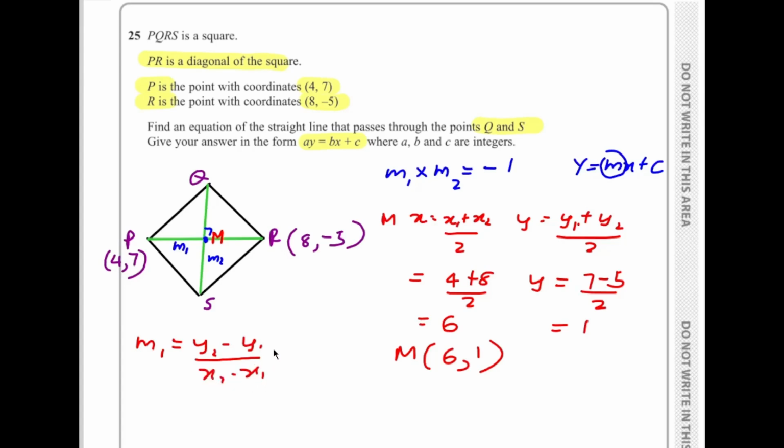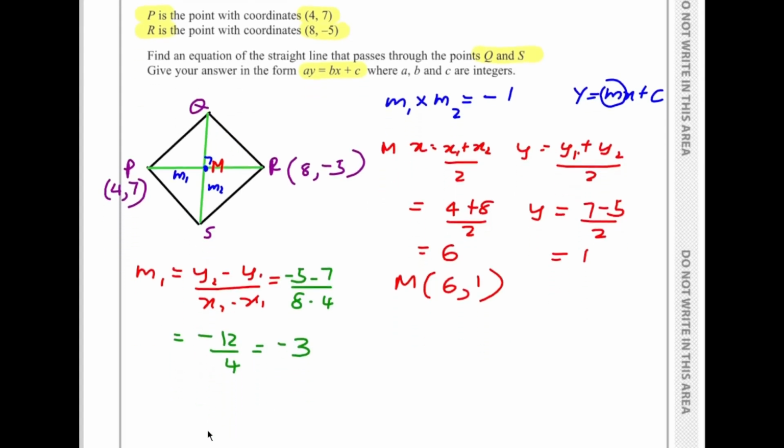Then let's substitute the values into this one. y2 becomes -5 minus 7 over 8 minus 4, which becomes -5 minus 7, minus 12, 8 minus 4, 4, which is -3.